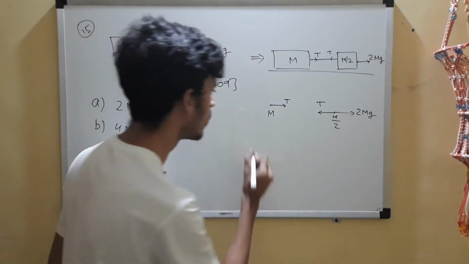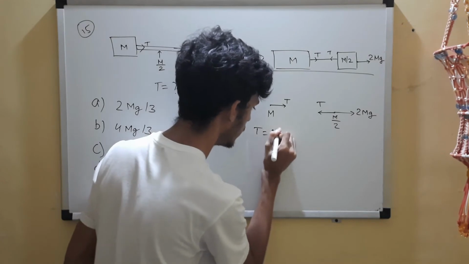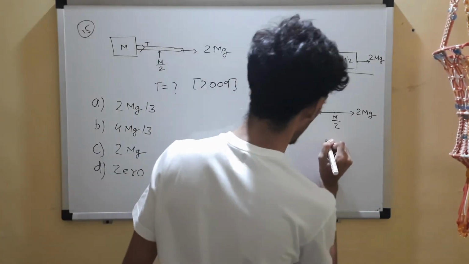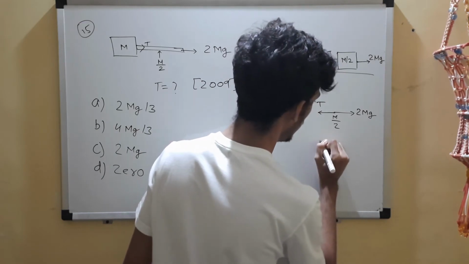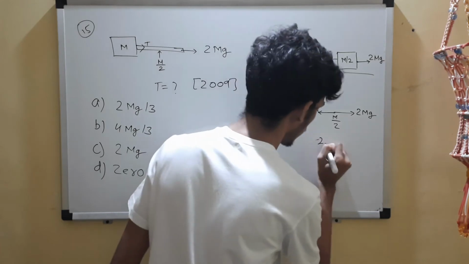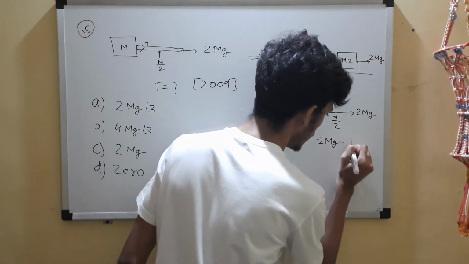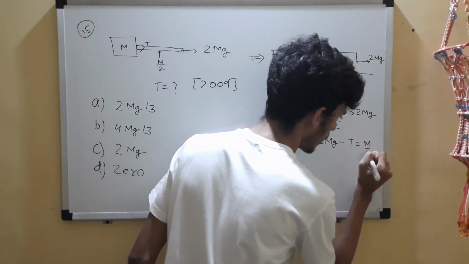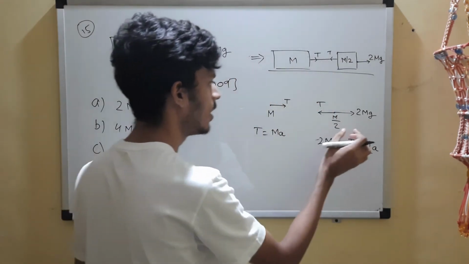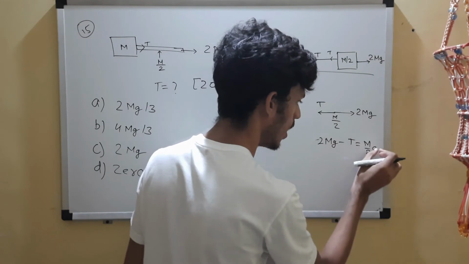So T equals ma. Each of them will have the same acceleration. Now coming to this one, net force, 2 mg minus T, is equal to mass into acceleration, m by 2 into a.